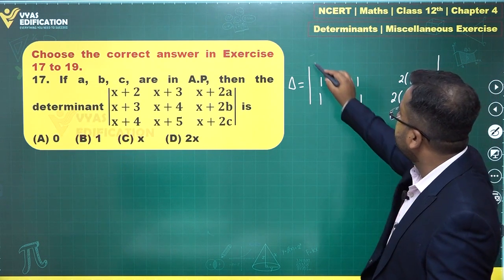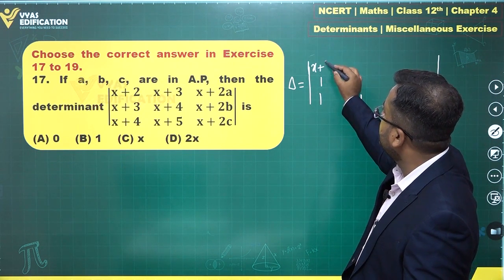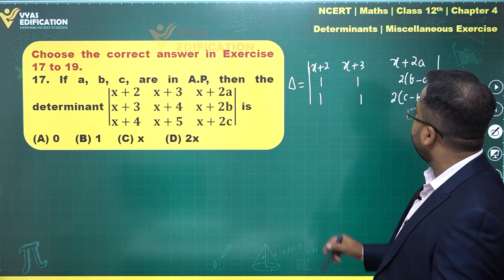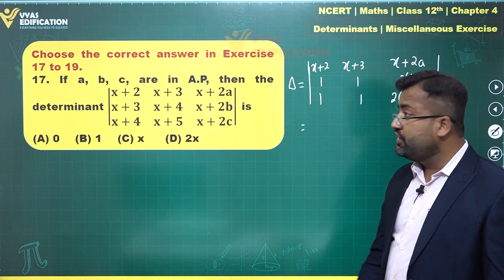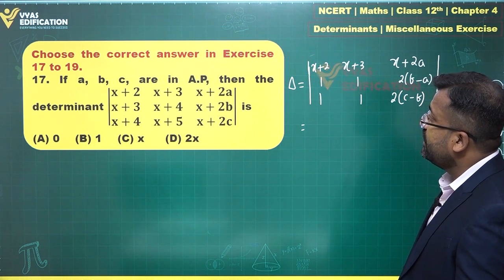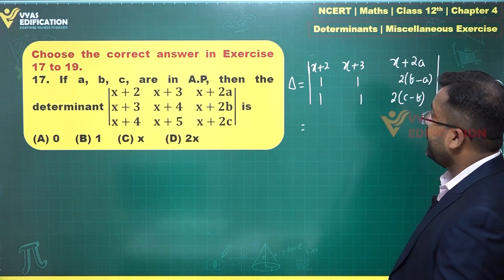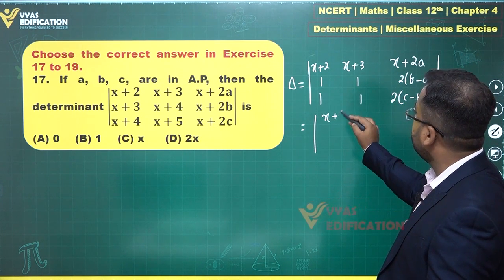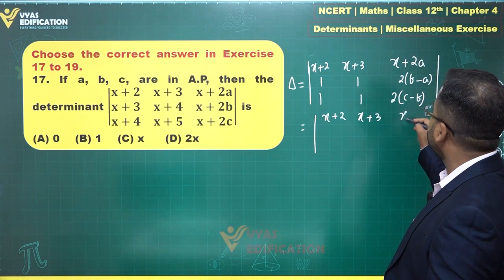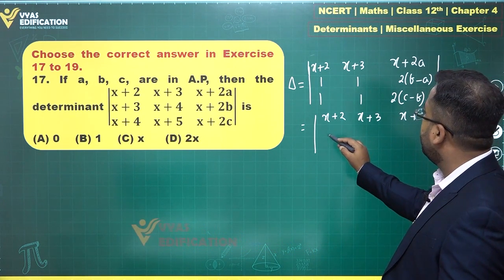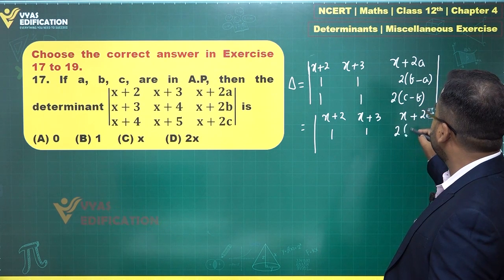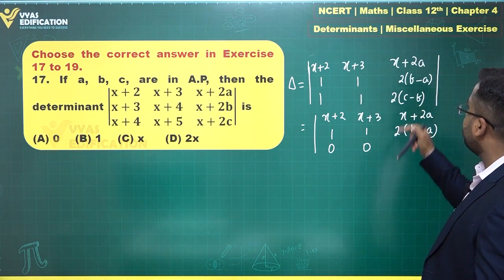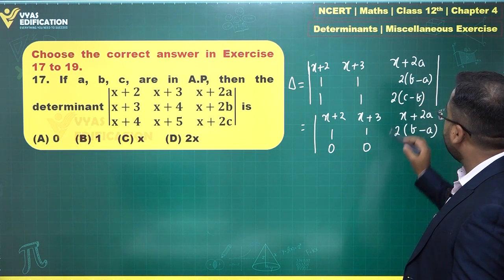And what is this? This is x plus 2, x plus 3, x plus 2A. Yes or no? Yes. And maybe I can create some more zeros over here using this idea. Let's subtract. x plus 2 is okay. x plus 3 is okay. This is x plus 2A is also okay. 1, 1, 2 times B minus A is also okay. This becomes a 0. This becomes a 0. 2C minus 2B and minus 2B.